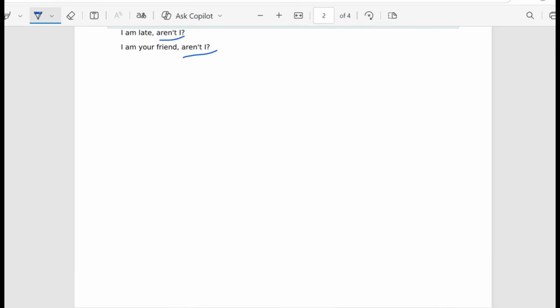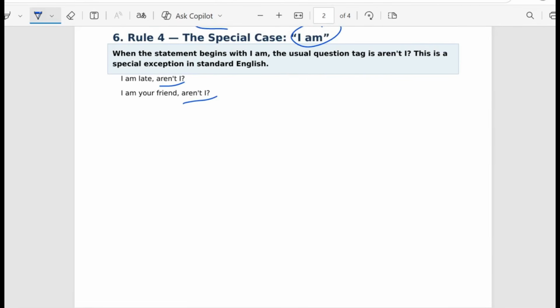But let me give you another example. What if you find that the statement is now a negative? I am not late. This one you can't say aren't I. Already this statement is negative.